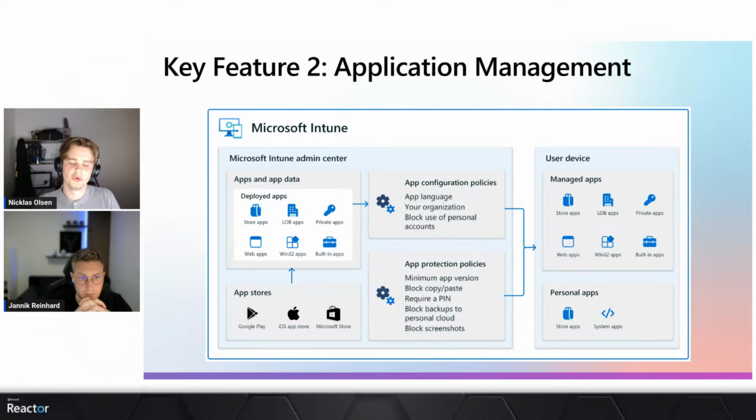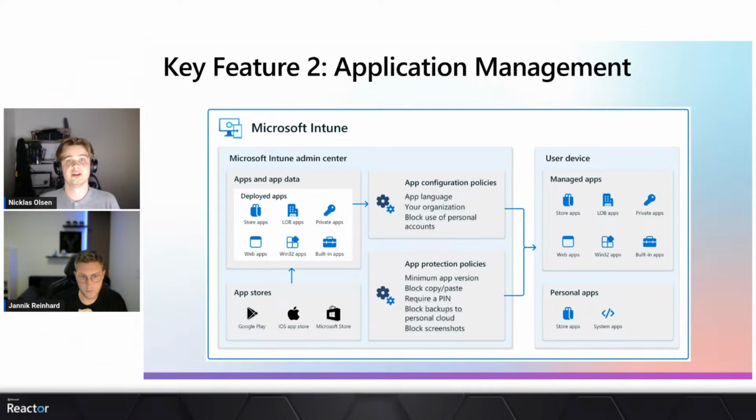But when we do that, we would like to make sure that company data is protected on those devices as well. That's where app configuration policies and app protection policies come into play. With app configuration policies, you can manage the whole user experience. You can define the app language, and you can also block use of personal accounts. Then we have app protection policies, and this is where you can really protect your company data.